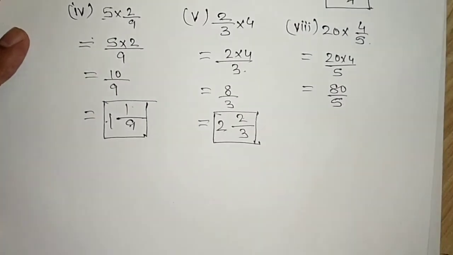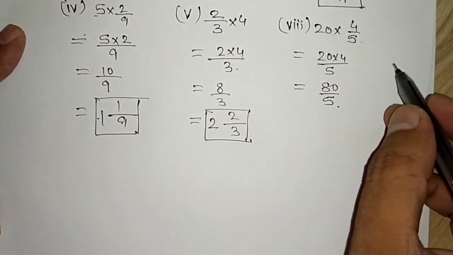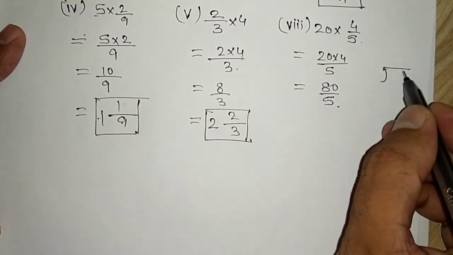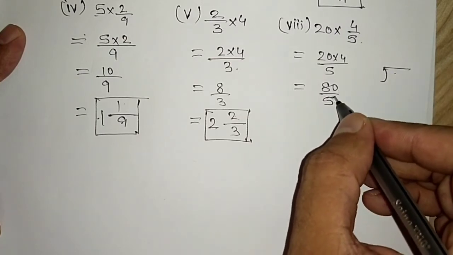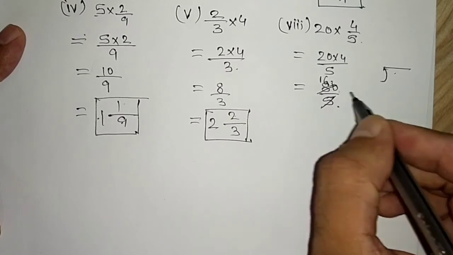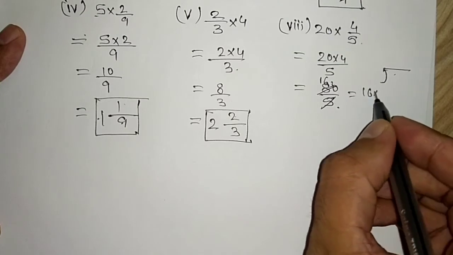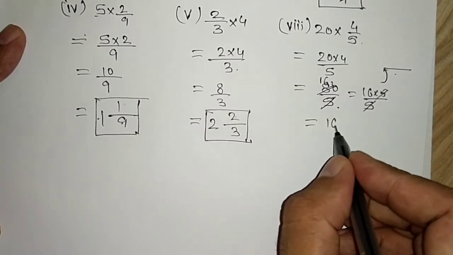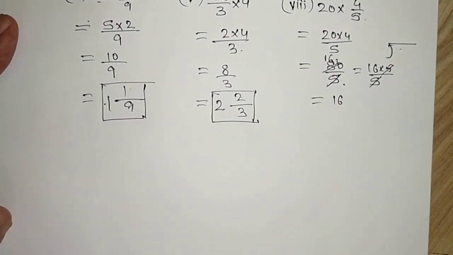Now 80 and 5 have a common number between them, so we will convert it into the lowest form. I can write 80 as 16 into 5 divided by 5. The 5 will be cancelled out, and your final answer is 16.